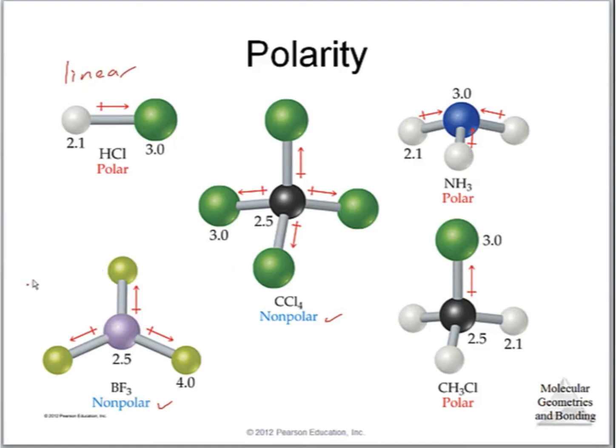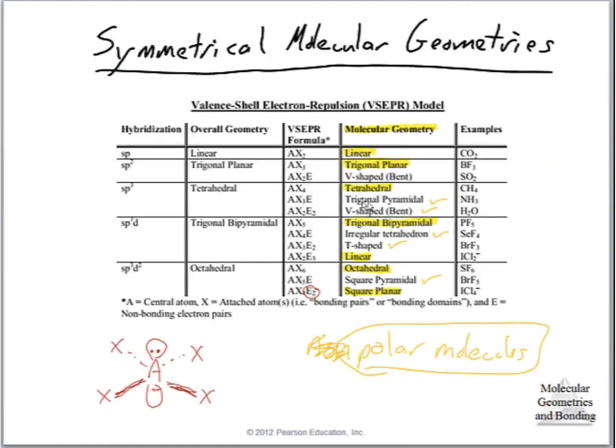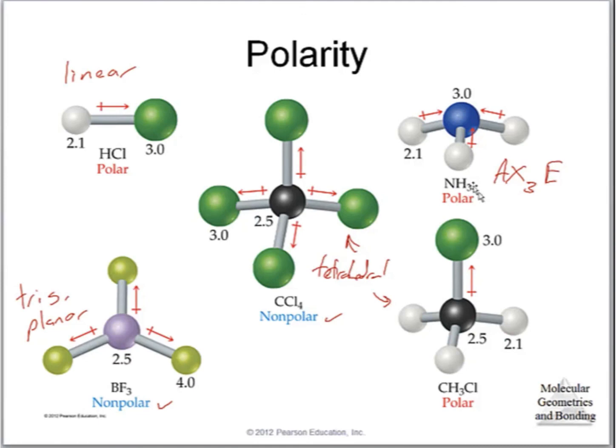The ones I'm listing here are the symmetrical geometries. So tetrahedral here and tetrahedral here. This is trigonal pyramidal for ammonia here. This is AX3E. So it's one of those. It's trigonal pyramidal. So like I said, for us, it's always going to be polar. And yeah, so it's polar.